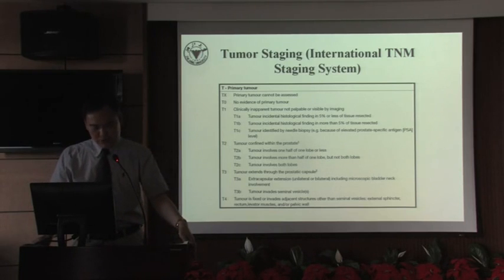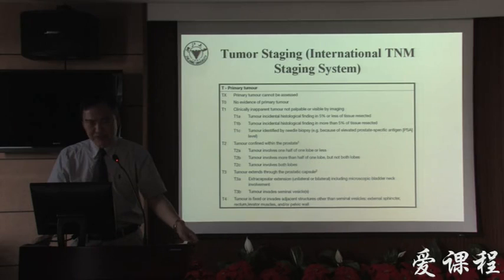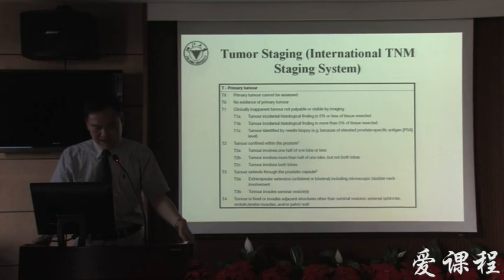T1a means tumor incidental histological finding in 5% or less of tissue resected. T1b means tumor incidental histological finding in more than 5% of tissue resected. And T1c means tumor identified by needle biopsy, for example, because of elevated prostate-specific antigen level.